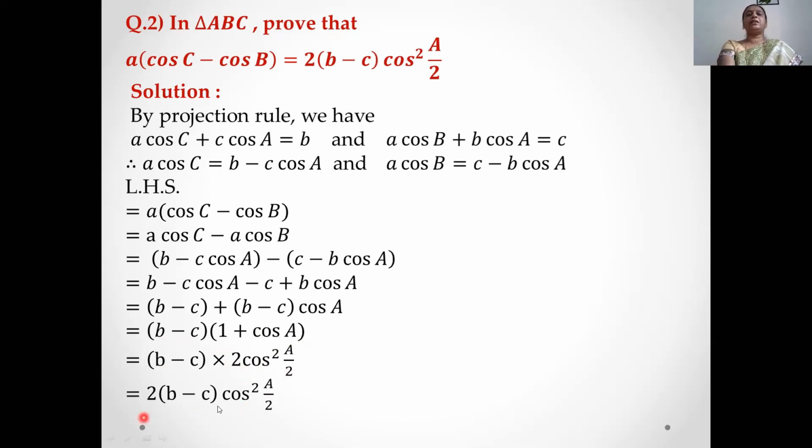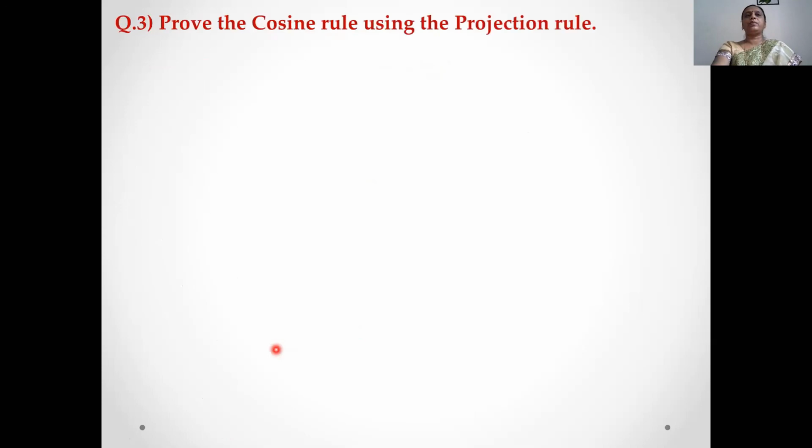Now rearrange this term. This will be 2(b − c)cos²(A/2), and this is nothing but your right hand side. Means if you know the projection rule and some formula of trigonometry, then it is very simple to get the solution of the problem. Let's consider the next problem.